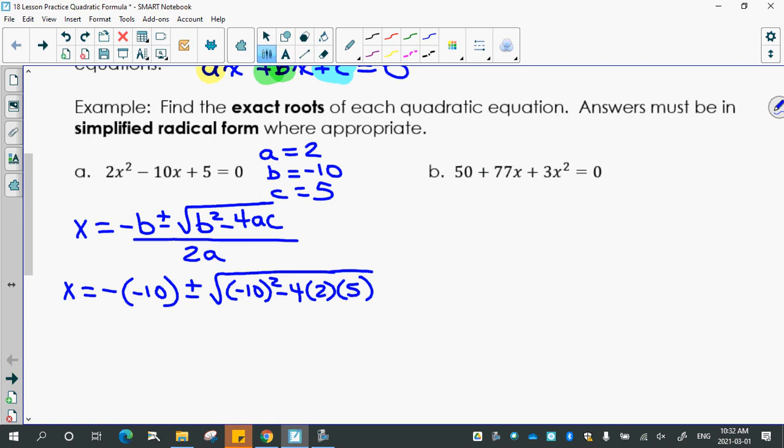Notice how I'm using brackets and then substituting. All over 2 times 2. And then I always double check and make sure that my b's are negative 10s, my a's are 2's in this case, and my c is a 5. It's very easy to accidentally put the wrong number in the wrong spot, and that throws your final answer off.